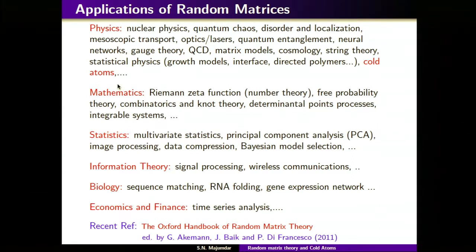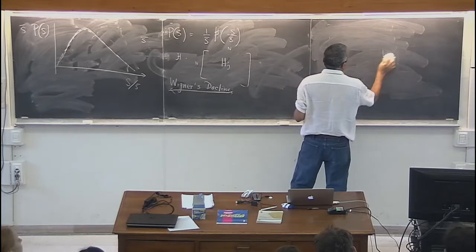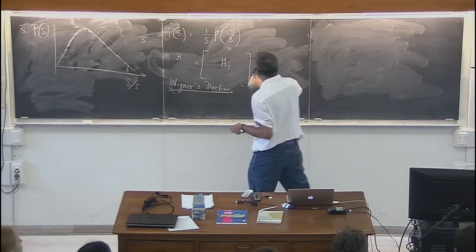Then mesoscopic transport, quantum entanglement, gauge theory, QCD, matrix models, string theory, statistical physics, growth models, interfaces, directed polymers that Herbert Spohn is going to talk about, and more recently cold atoms, which I'll talk about in more detail later. And then in mathematics, the Riemann zeta function, on which Giuseppe is going to give a talk on the 13th of February, so I'll just mention a little bit about that.